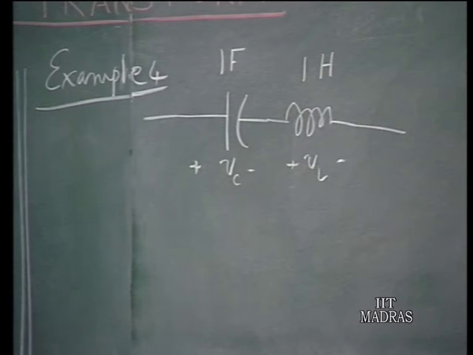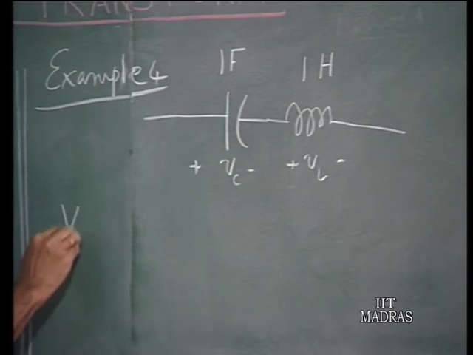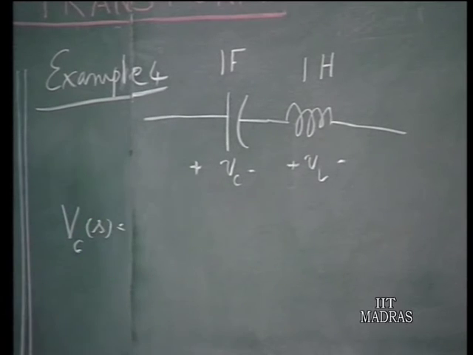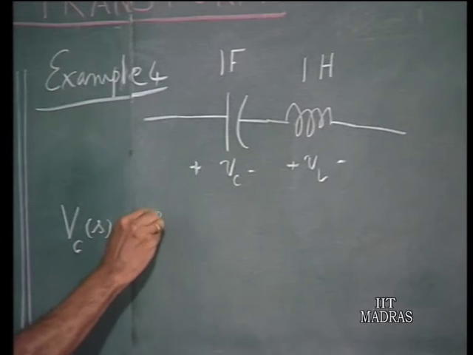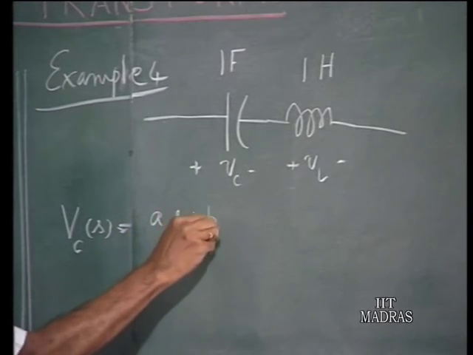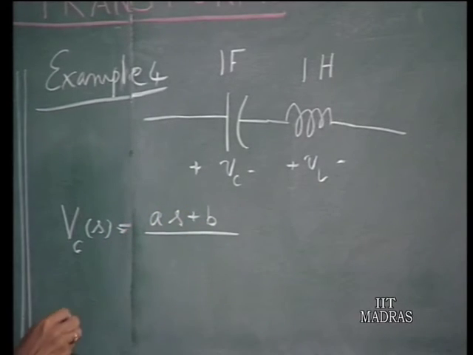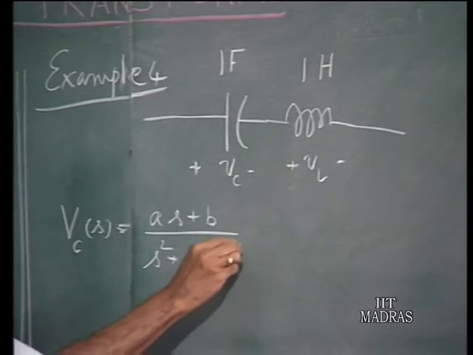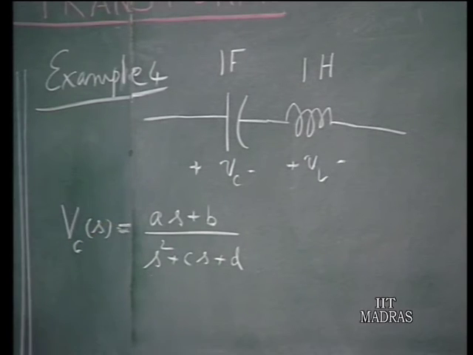In some circuit analysis, we have obtained V c, the Laplace transform of V c of t, the Laplace transform of the voltage across the capacitor, is found out to be A s plus b over s squared plus C s plus d. Through some analysis, we have obtained this.